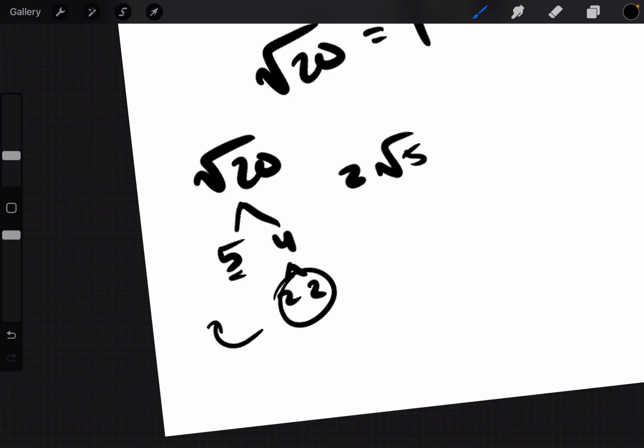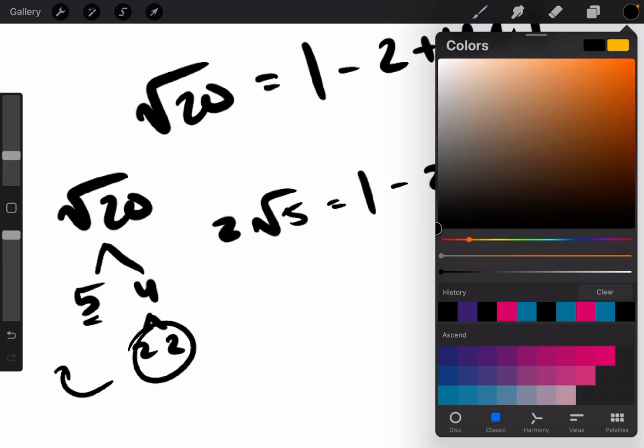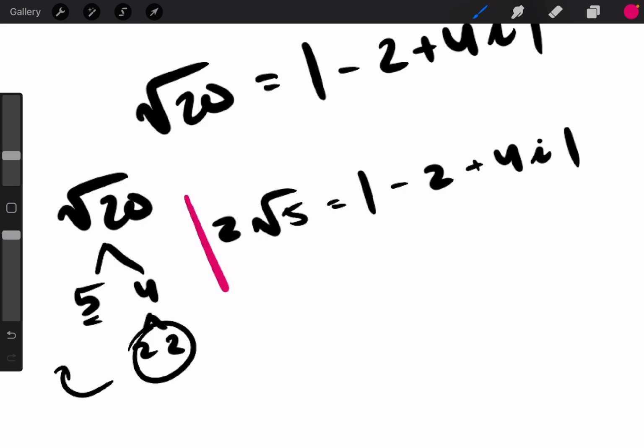And we can just put 2 radical 5 equals the absolute value of -2 plus 4i.